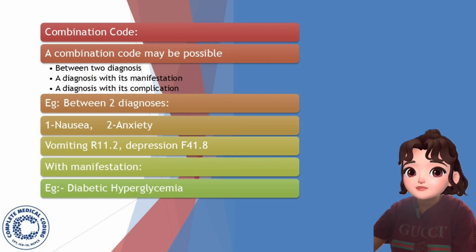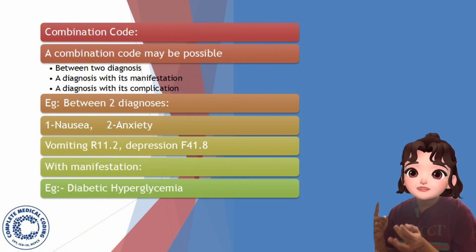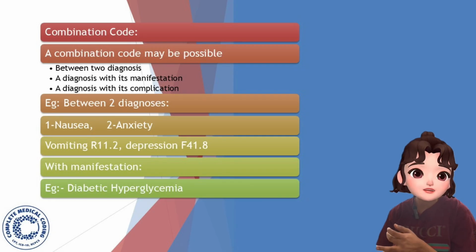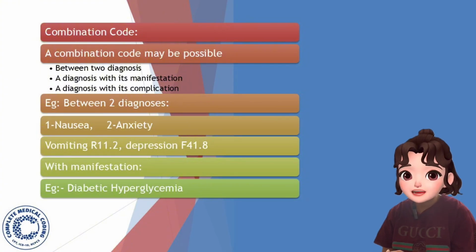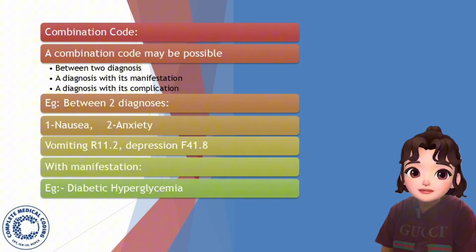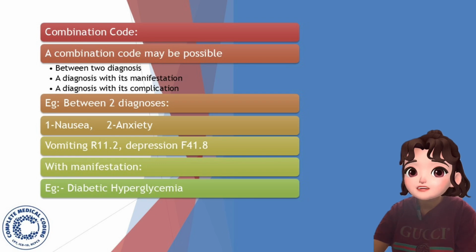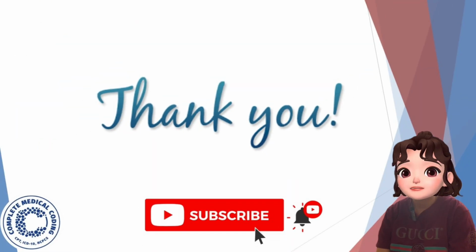For example, between two diagnoses like nausea and anxiety: for nausea you can code vomiting R11.2, and for anxiety you can code F41.8. An example with manifestation would be diabetic hyperglycemia. These are just combination codes, for your understanding.